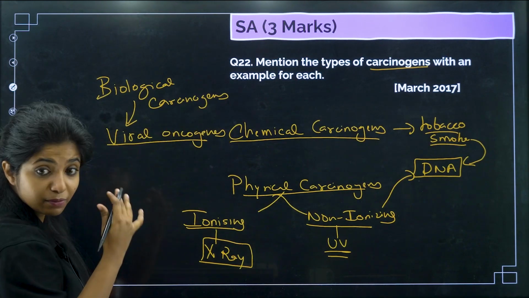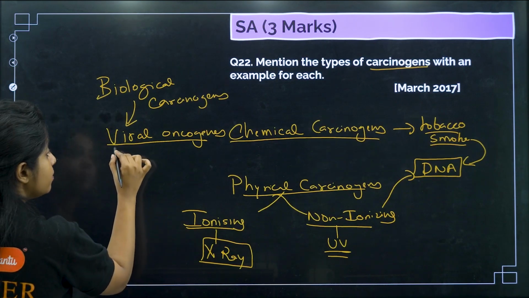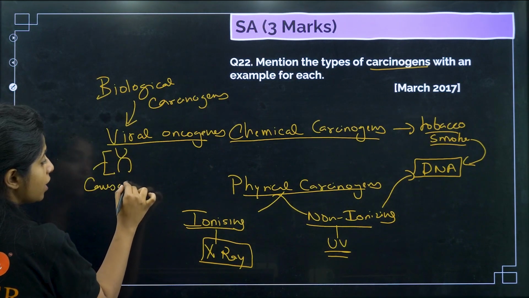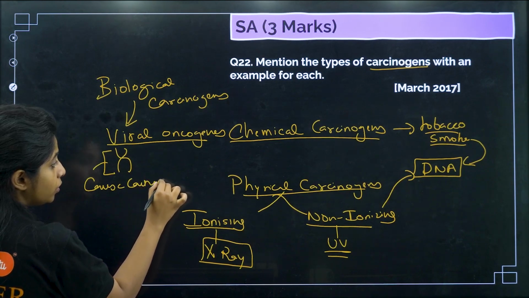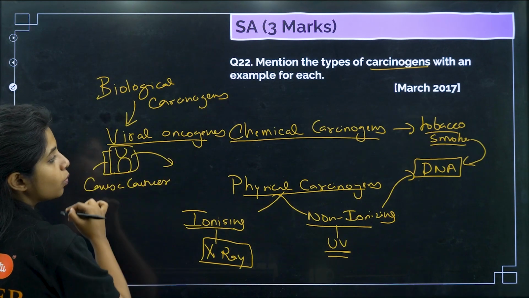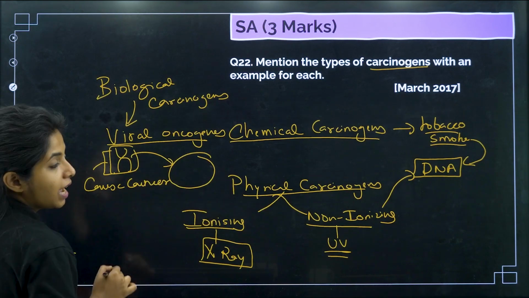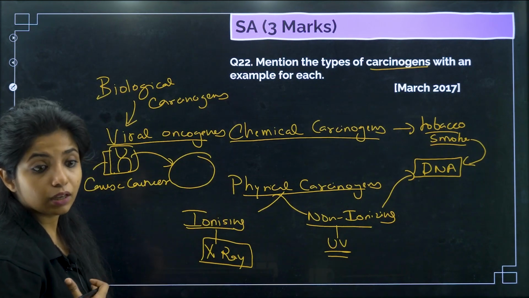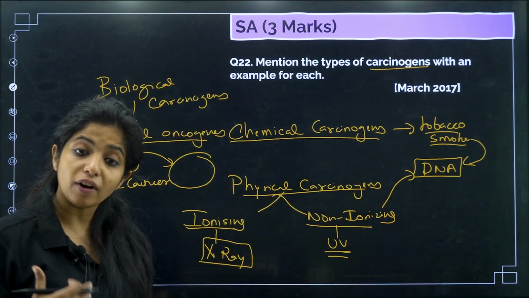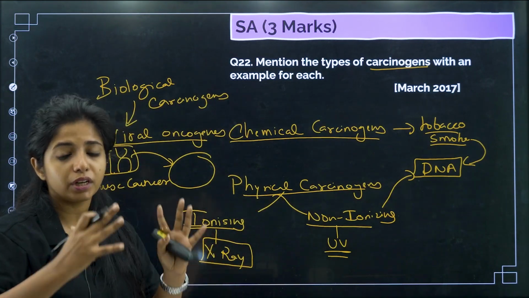There will be a virus, and inside the virus there will be certain genes which can cause cancer. When this virus affects us, it gives this particular gene to us and puts it in our cells. Hence, we form cancerous cells, and these cancerous cells keep on dividing. So there are viral oncogenes which are being put in our body.